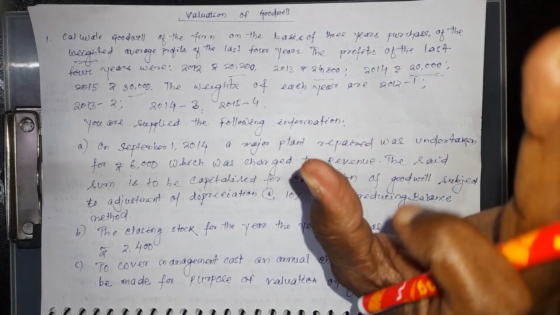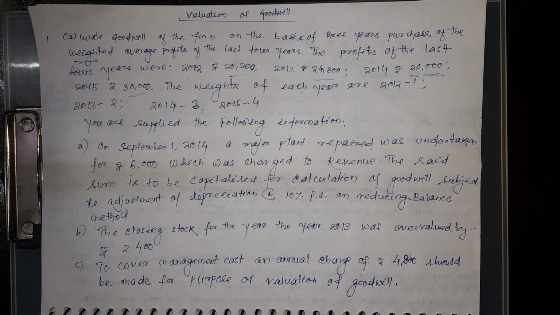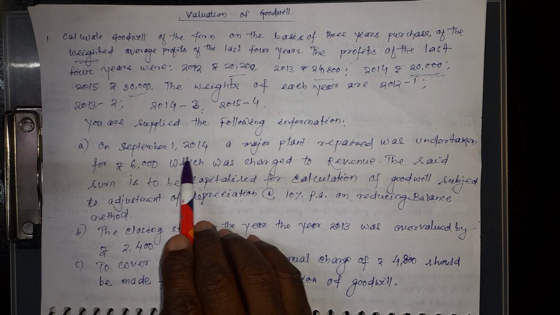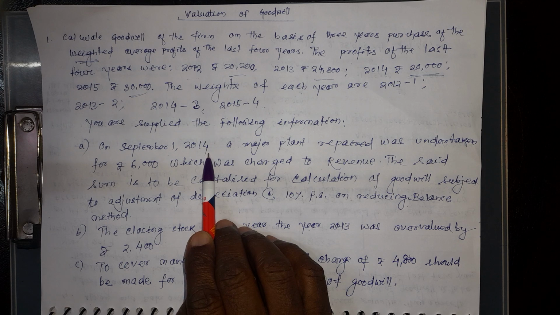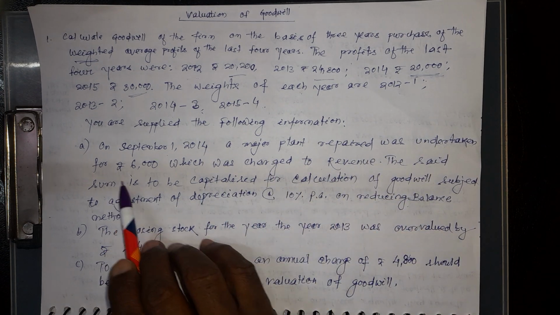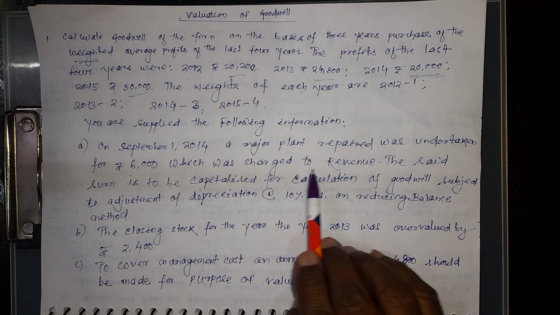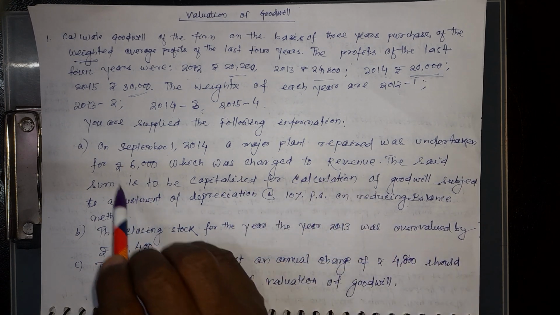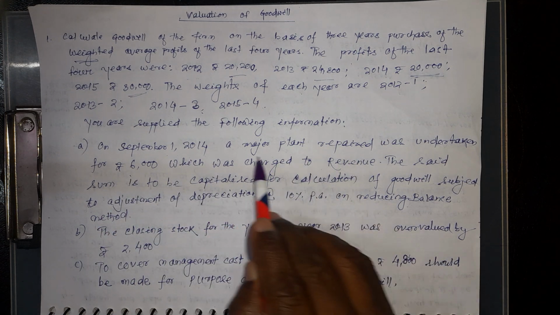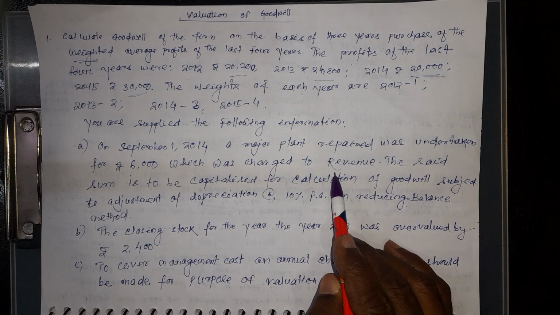This is the weight. So here it is written, you are supplied the following information. First point, on 1st November 2014, a major plant repair was undertaken for rupees 6,000, which was charged to revenue.